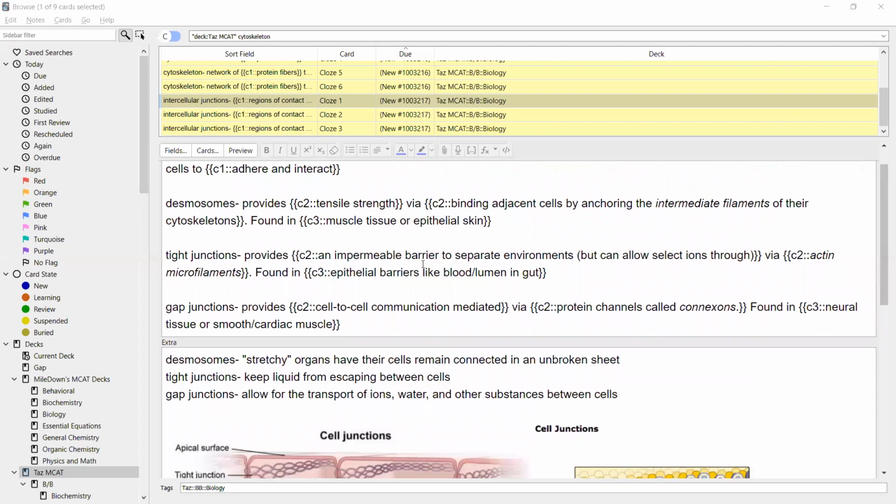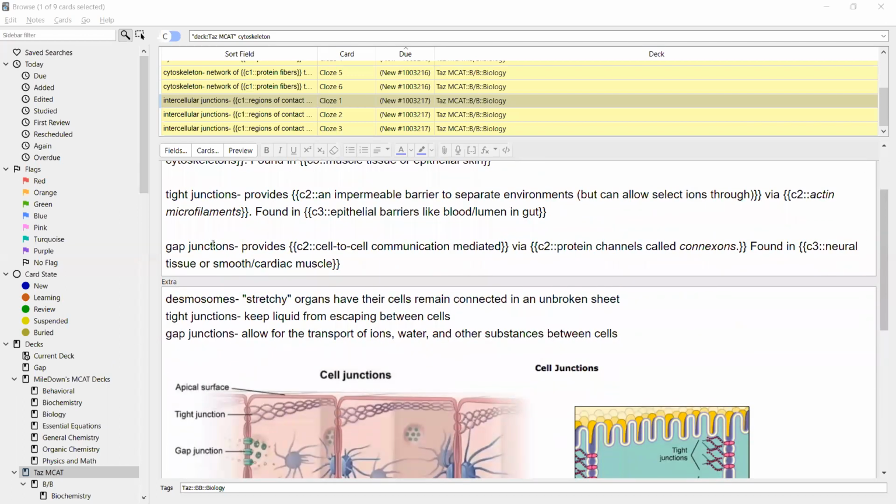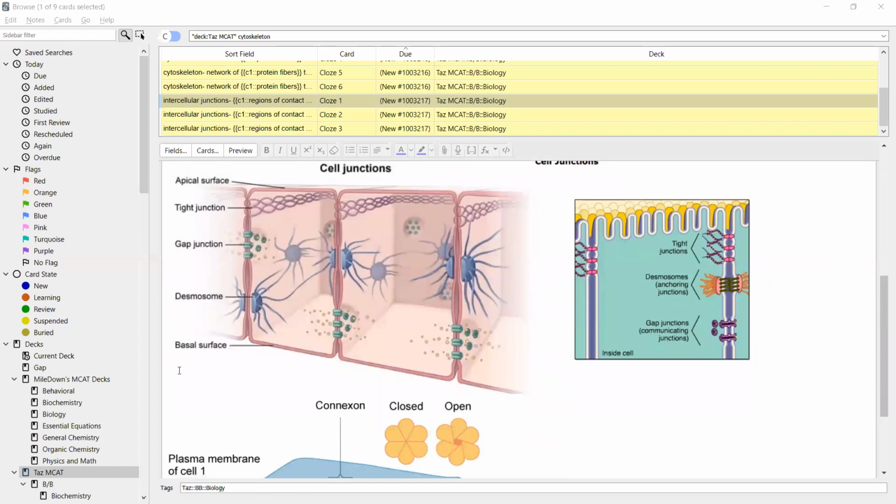Now, lastly, we have gap junctions, which are different. Gap junctions just allow cell-to-cell communication through protein channels. So what we have here are gap junctions, and it's in the name. They provide a gap between cells, so things can move in. Solutes can be passed along through cells, right?